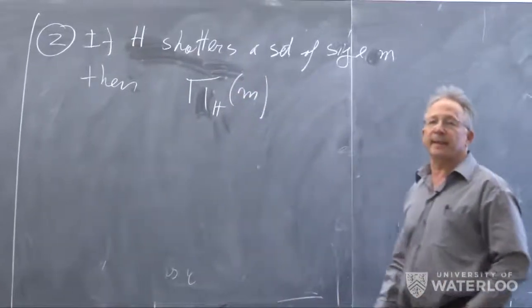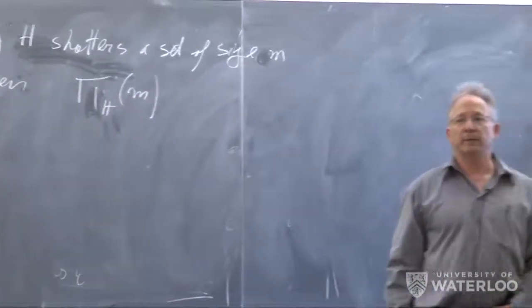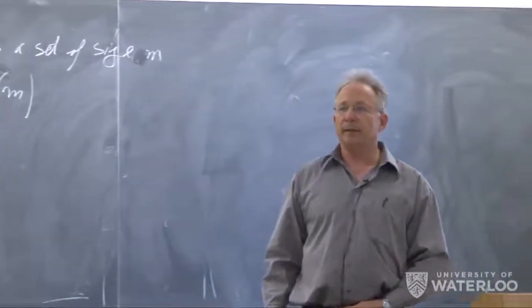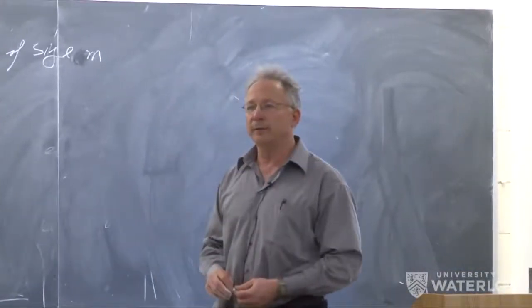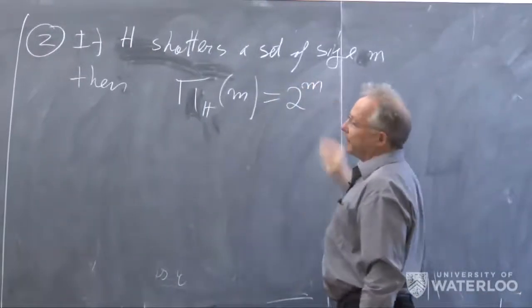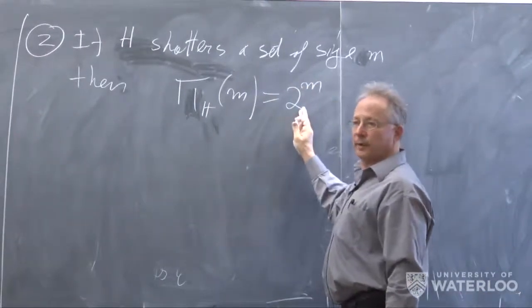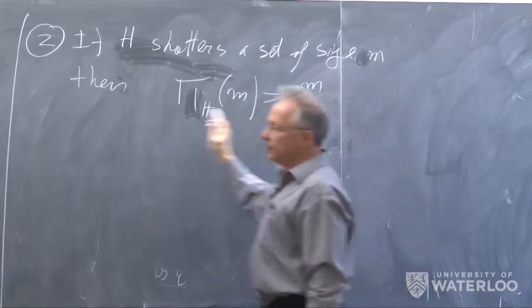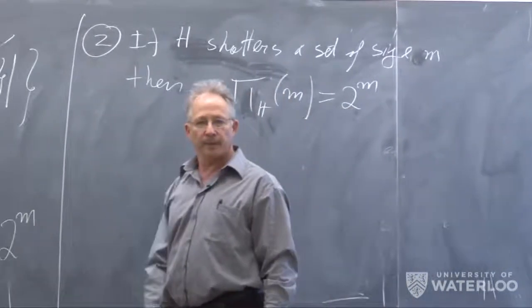If there is a set of size m which is shattered, then what am I going to get? 2 to the power of m. If I shatter a set of size m, then I'm getting exactly 2 to the m. I get all its subsets. In general, it's at most 2 to the m.